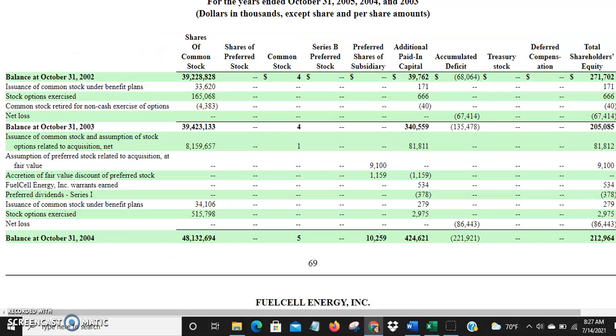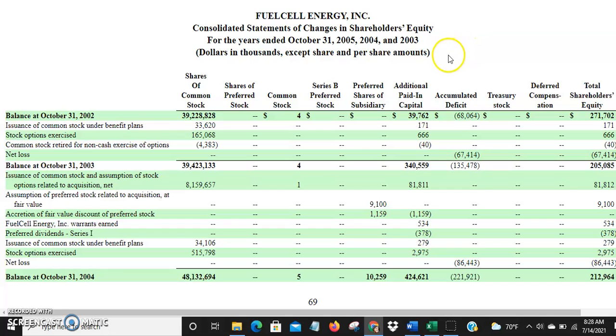So like that, you can keep going and keep tracing. Obviously, the format changed in the year 2003 because the regulatory requirement also changed, and they had to showcase more things. But here still, if you just keep your attention to this place, accumulated deficit and shares of common stock and additional paid in capital, you can see from here they again had $340 million, and then again they had 424 million.